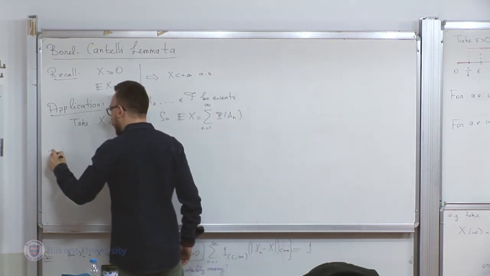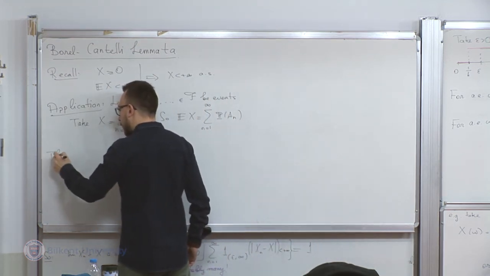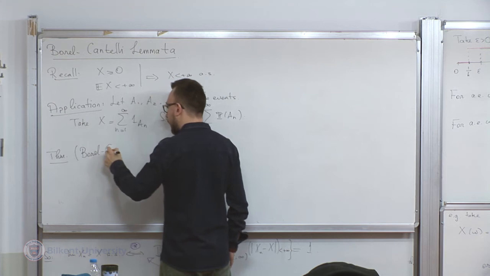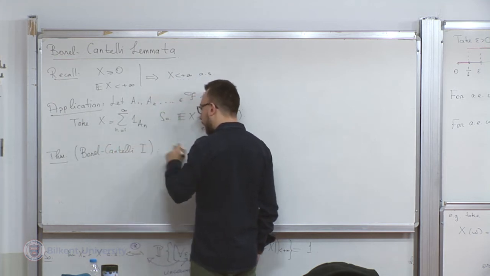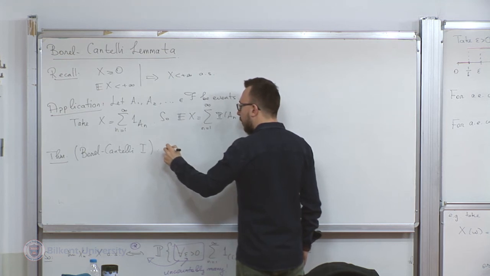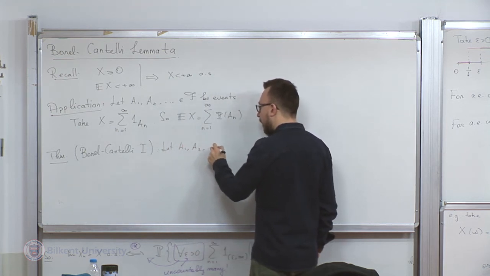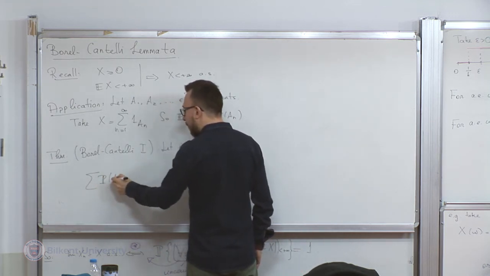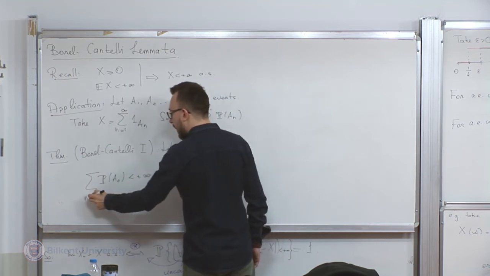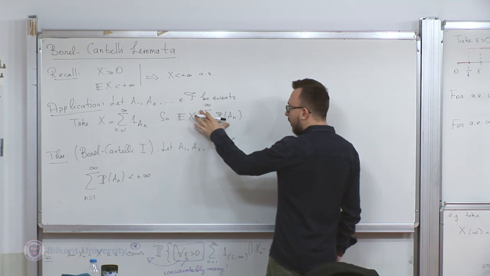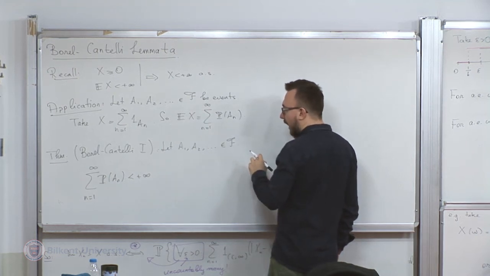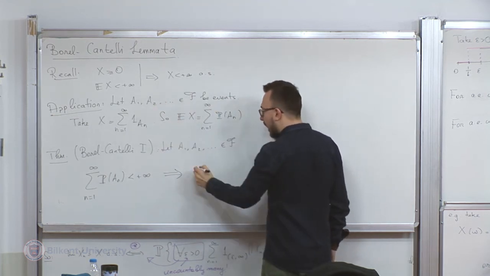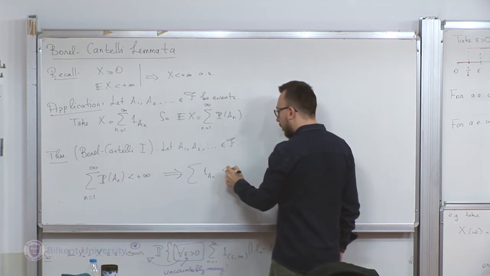So the Borel-Cantelli lemma number 1, let me write it as a theorem, although it is traditionally called a lemma. So Borel-Cantelli number 1, okay? So let, again, A1, A2 be events. So we have, if the sum of probabilities is finite, which is the mean of this X, right? Then we have X finite almost surely. What is X? X is the sum of indicators.